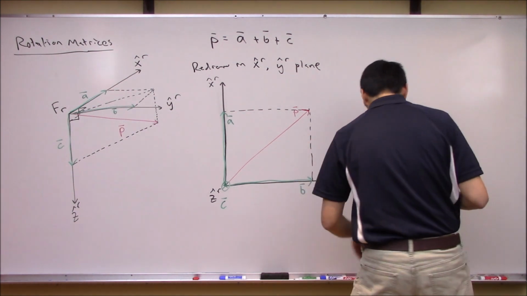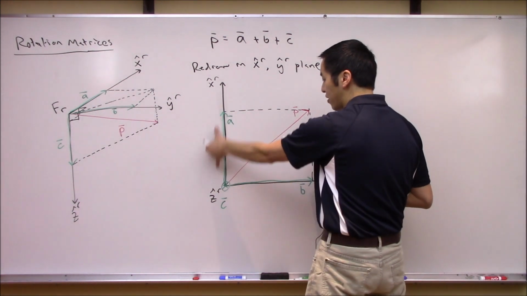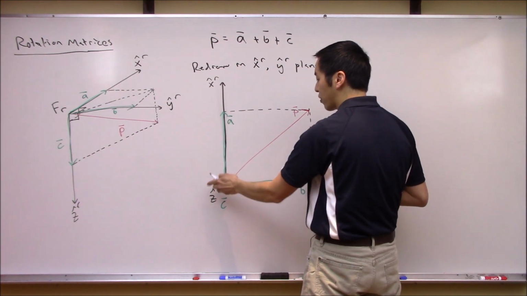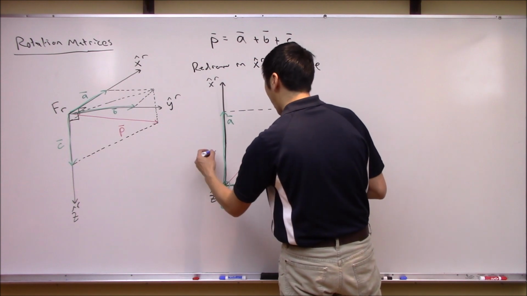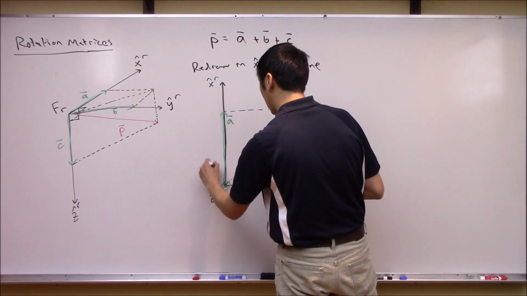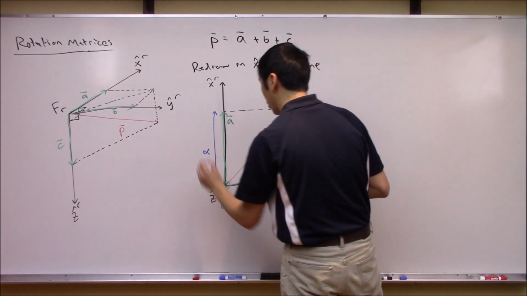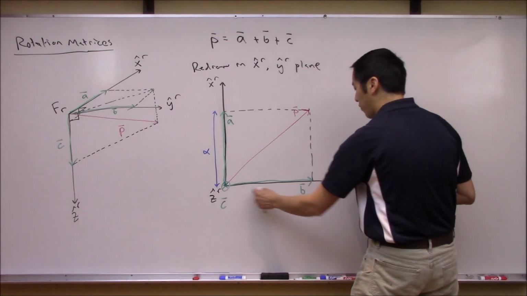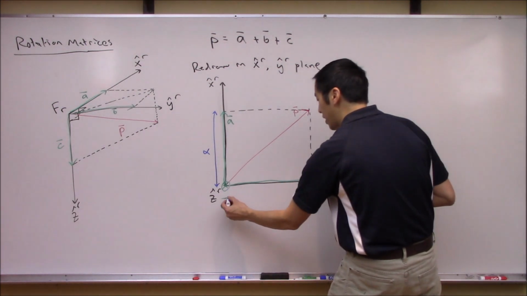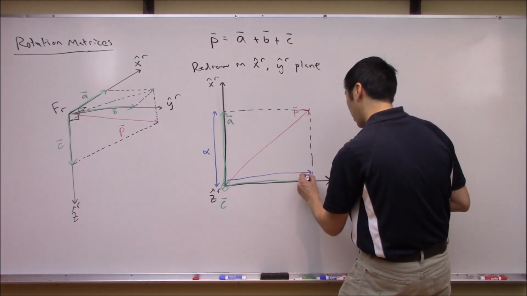So what I want to do now is say that this distance here, the length of this vector A along the x hat r direction, let's call alpha. I'm going to draw it like this just to show the distance. Let's call this alpha units. Let's now call beta units the length of the vector B. So this length here, let's draw it in blue.